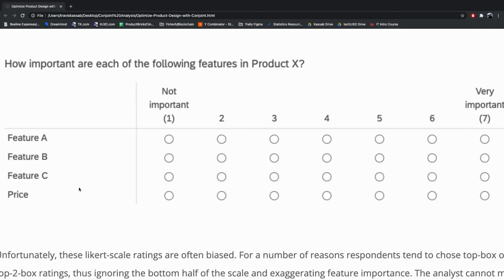This has advantages over normal questions. If you're trying to get the importance of the constituent parts of a product, maybe the naive way of doing it is to get a Likert scale rating for each of the features, and then for price that we see here. But the problem with this is that a lot of times people are choosing 6 and 7, top box and top 2 box, and they pretty much ignore the entire bottom half of the scale. This is a well-known response bias that whenever you give a respondent a Likert scale, they're going to skew positive.